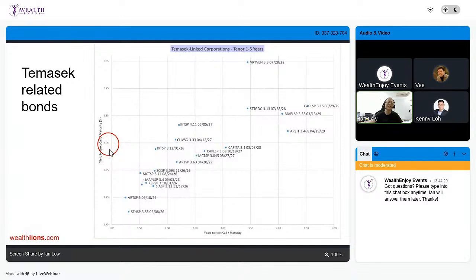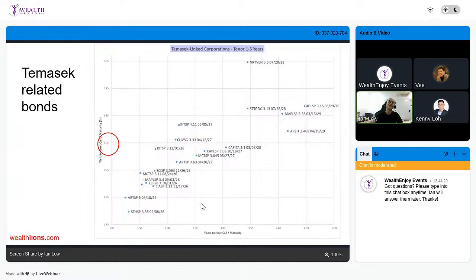So instead of trading at 3.8, they are only trading about the government rate, like the T-bill yield, 3%, because Singapore's yield curve is still inverted. They haven't uninverted. When it uninverts to a normal curve, there will be a shift.